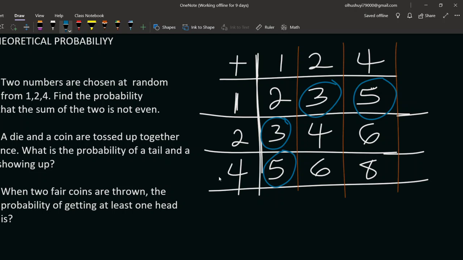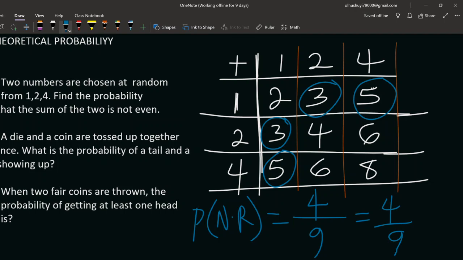And out of that, the probability of not even will be equal to 1, 2, 3, 4. I have 4 upon 9. And you can't break that down, so we still have it as 4 upon 9. That's the probability.